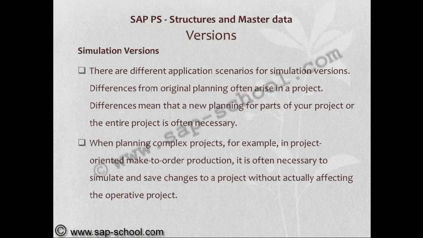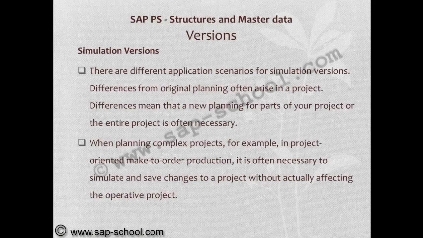There are different application scenarios for simulation versions. Differences from original planning often arise in a project. Differences mean that a new planning for parts of projects or the entire project is often necessary.